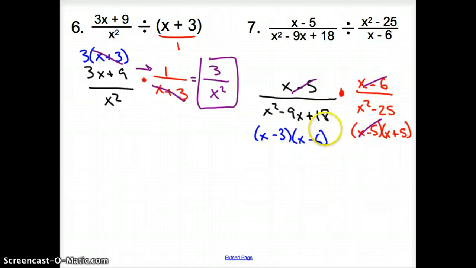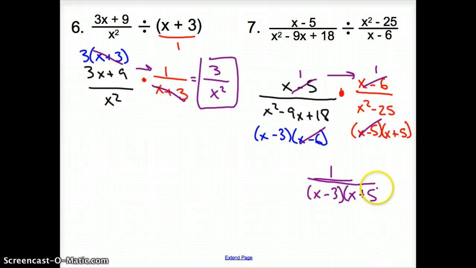This cancels with that. So fun to cancel out. Now, top and bottom, nothing left. There's just a 1 up here, just a 1 up there. Multiply across. We have 1 up top. That goes over, what do I have on bottom? I have x minus 3, and I have this x plus 5 for our final answer right here.